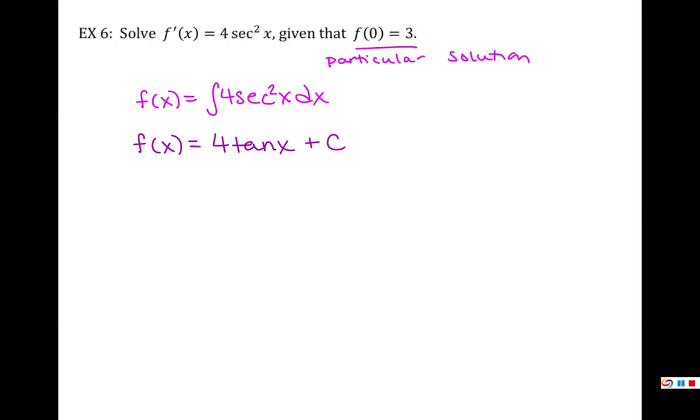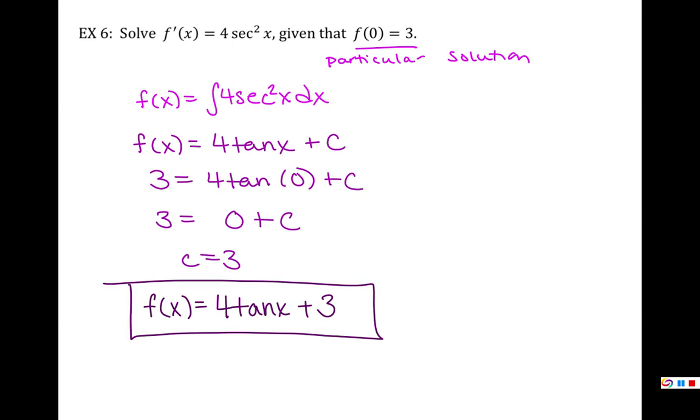And then because we're trying to find a particular solution, I'm going to take that information given. I'm going to put 0 in for x, 3 in for y, or f of x, and then figure out what the c is. Tangent of 0 is 0, so I end up getting c equals 3, and that makes my final answer f of x equals 4 tangent x plus 3.